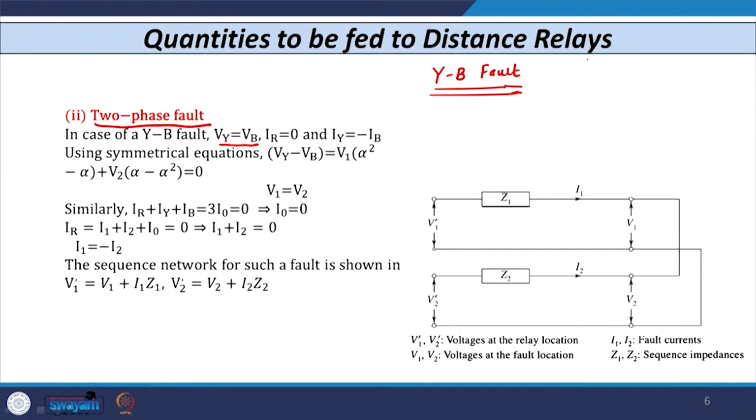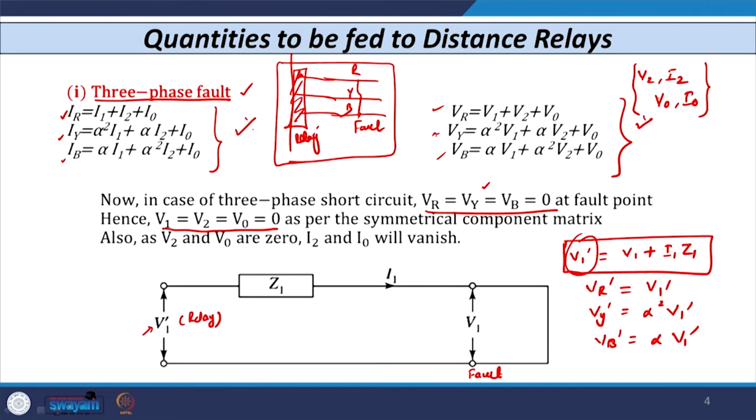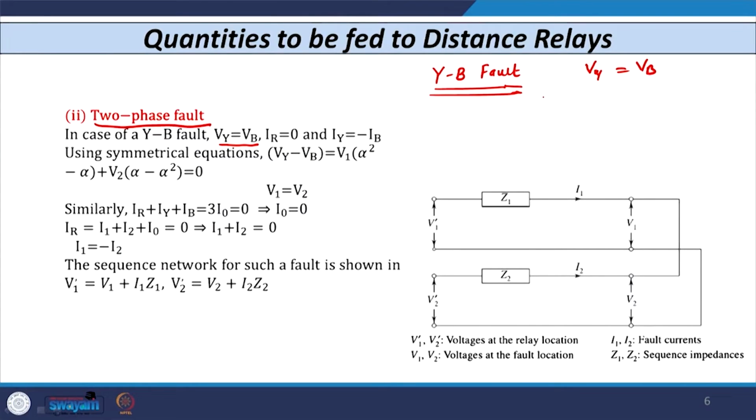If I put the equation of Vy here, what is the equation of Vy? Vy is equal to alpha square V1 plus alpha V2 plus V0. So alpha square V1 plus alpha V2 plus V0 is equal to Vb. What is Vb?